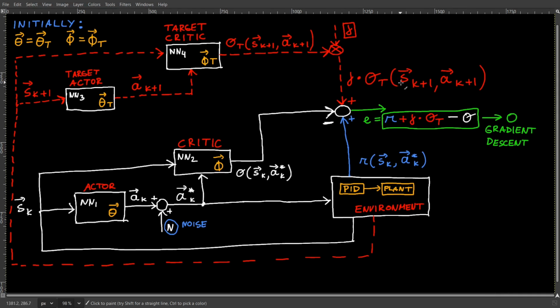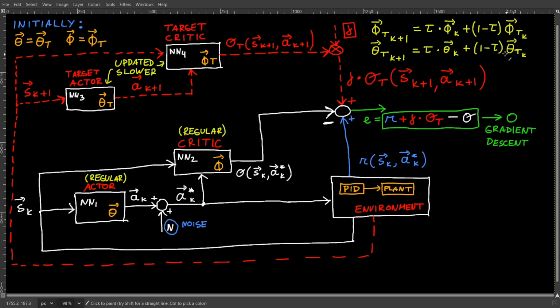Well, here's the reason. Unlike the regular actor and critic networks, the target actor and target critic are updated slower. In fact, they are updated much slower. The weights and biases in these two target networks are updated according to these formulas, where this tau is a very small number.